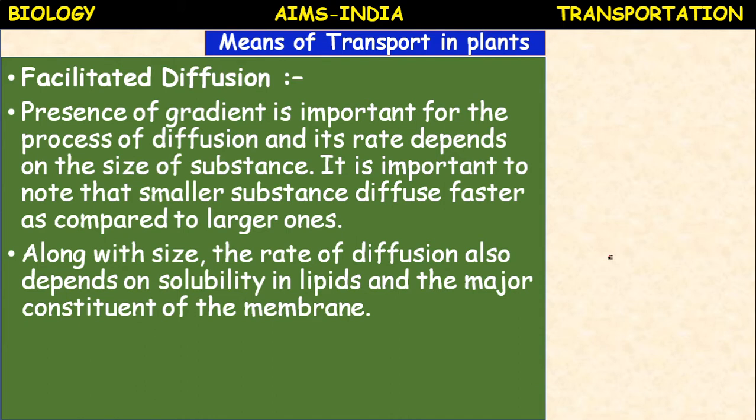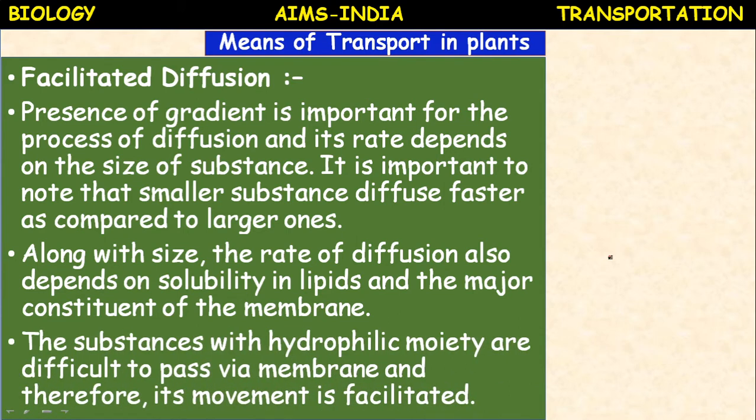So the substances with hydrophilic moiety are difficult to pass via the membrane, and therefore their movement is facilitated. The meaning is, substances with hydrophilic moiety have the ability to dissolve in water. If it is hydrophobic, it can easily dissolve in the lipids, but substances with hydrophilic moiety are difficult to pass via the membrane. That's why their movement is facilitated.